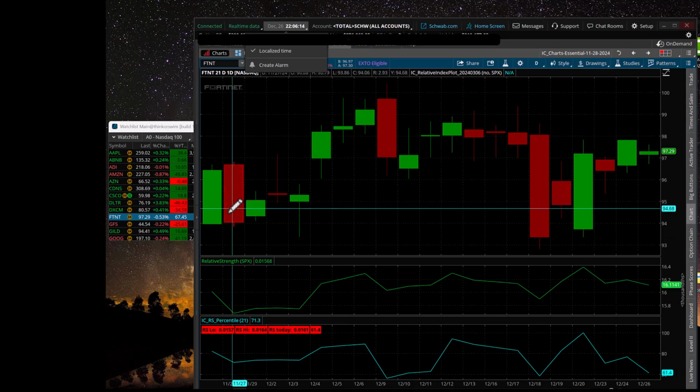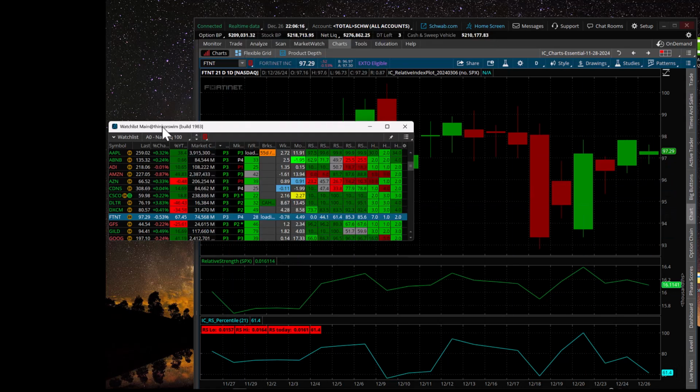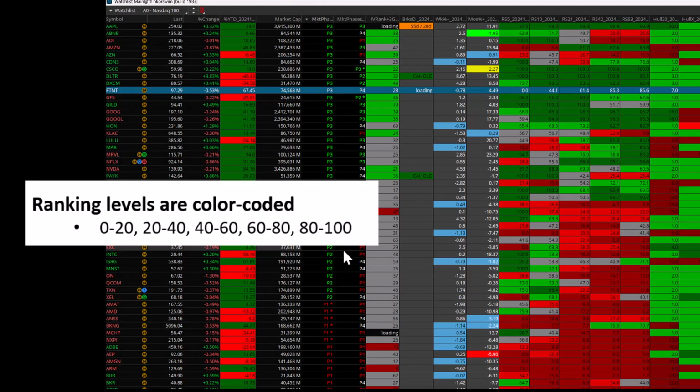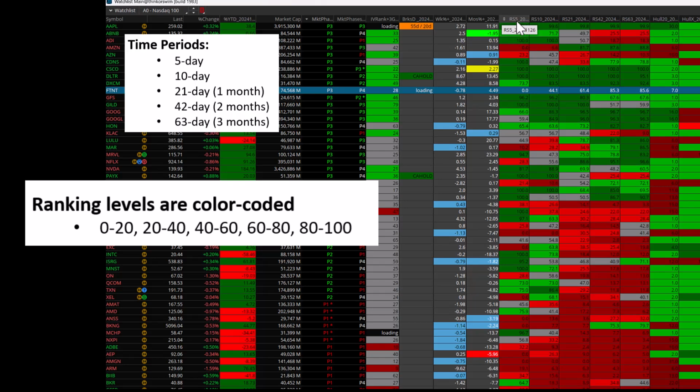So on the watch list, if I go to the 21-day period, we have relative strength columns for 5 days, 10 days, 21 days, 42 days, and 63 days.